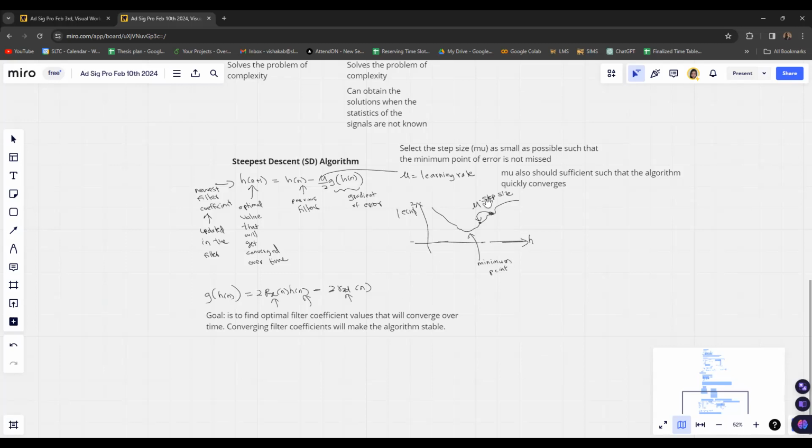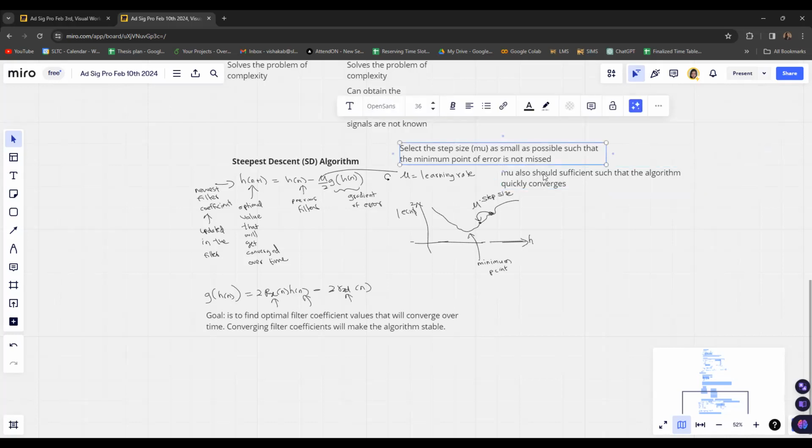So by considering these conditions that I just mentioned, you can find the values of mu that will not miss the minimum point of the error values, and also you can find the value of mu that will converge the algorithm as quickly as possible. So by considering all those situations, you have to find the optimal mu value that will satisfy both these conditions.